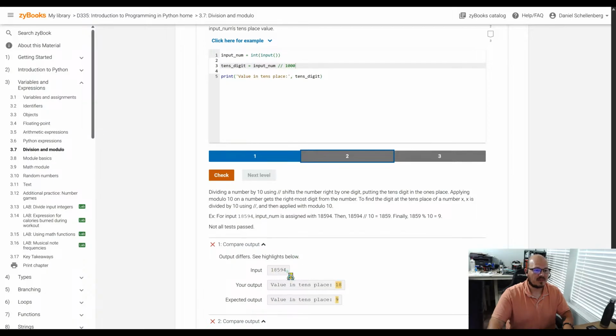So that means it moved the decimal 1, 2, 3 over, and that's why it's 18, but it's looking for 9. So is it saying that it wants me to do floor division 10 and then modulo, no, because that can't be right. Divided by 10, so, oh, okay. So then would it still be modulo 10?